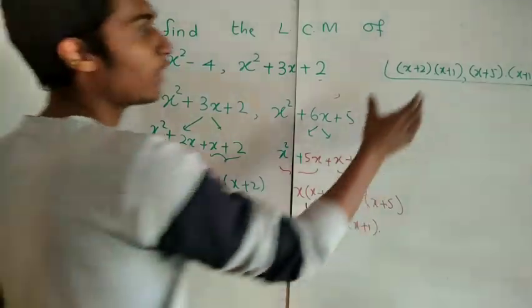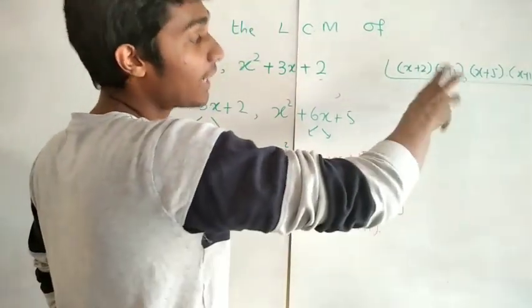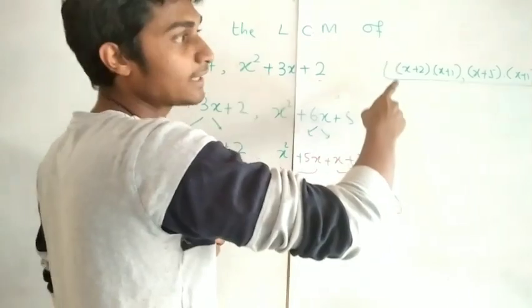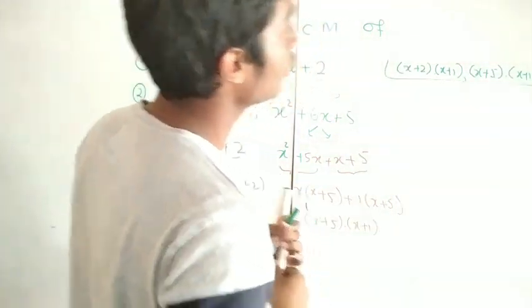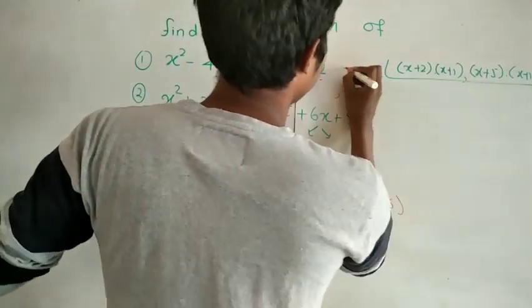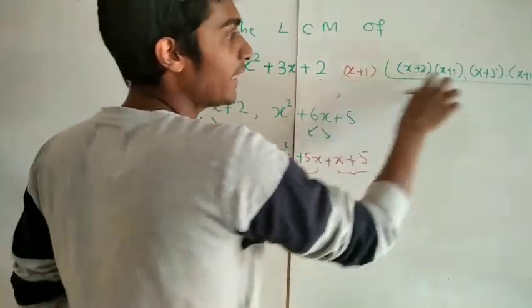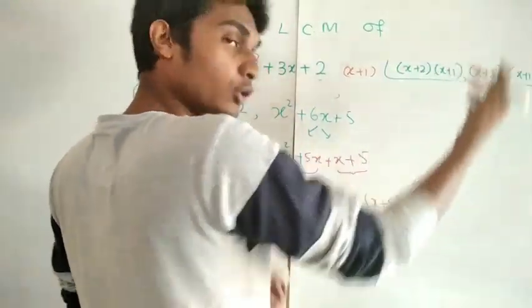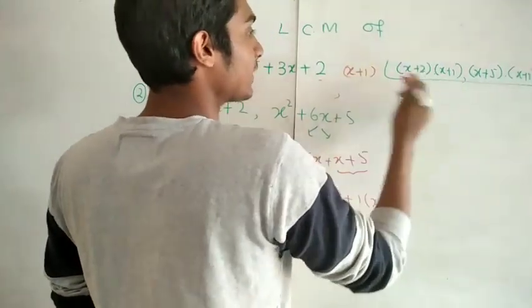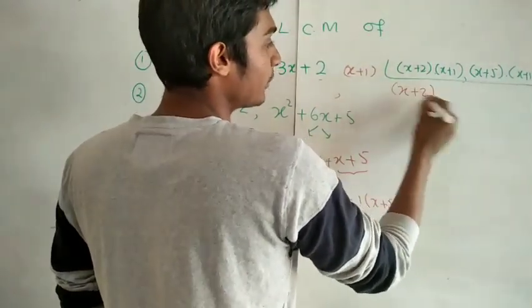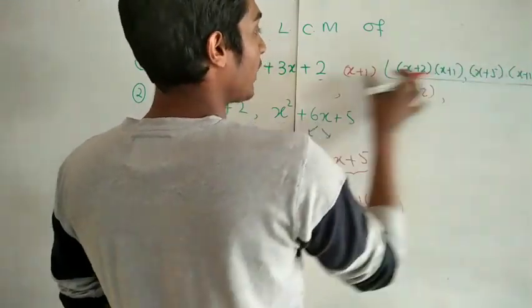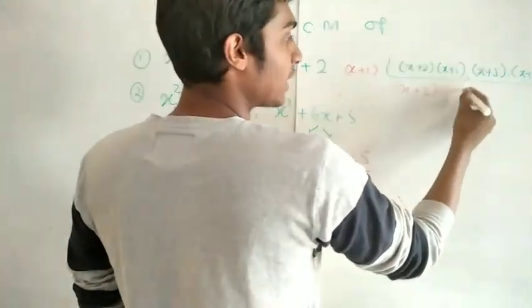Now you have to see whether there are any common terms for both of them. Yes, there is a common term. What is that? X plus 1, right? So you can put x plus 1 right here and divide x plus 2 into x plus 1 by x plus 1. X plus 1 divided by x plus 1 is 1. So you cancel each other and you put the remaining term, so that's going to be x plus 2. X plus 1 and x plus 1 can be divided, so the remaining term is x plus 5.